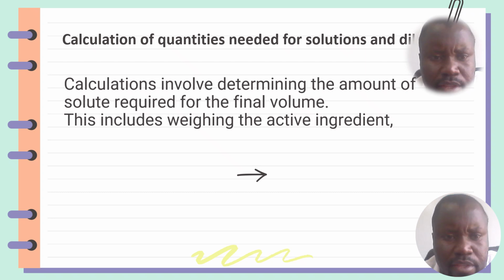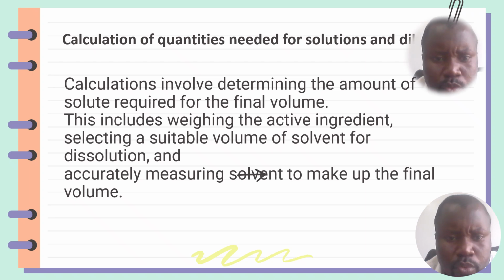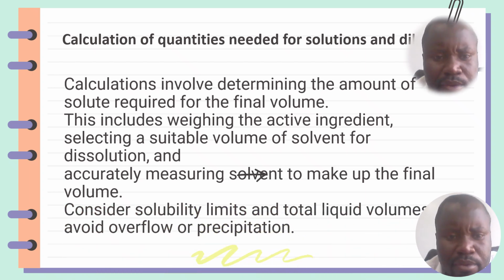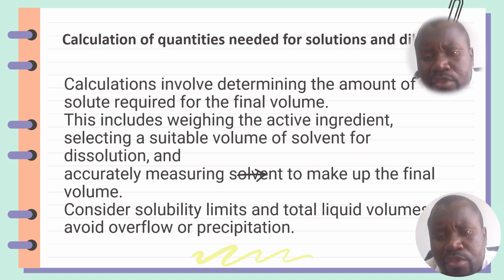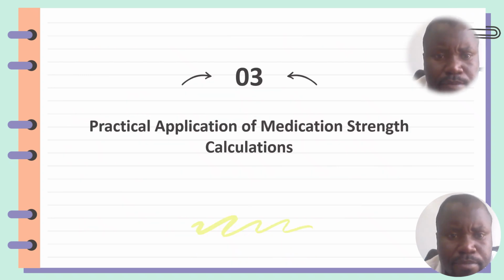That would be the strength of your dosage form. So this includes weighing the active ingredient. When you have done that, you select a suitable volume of the solvent for dissolution. Then you accurately measure the solvent to make up the final volume. So consider solubility limits and the total volume. Why? Because we want to avoid overflowing, but also we want to avoid producing precipitates.